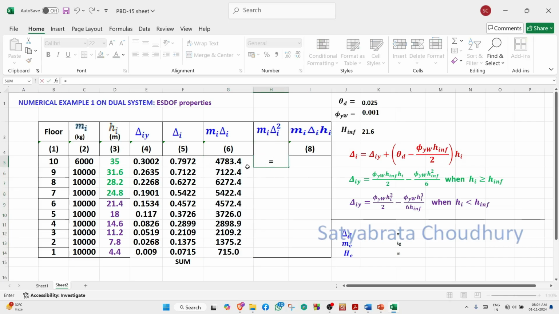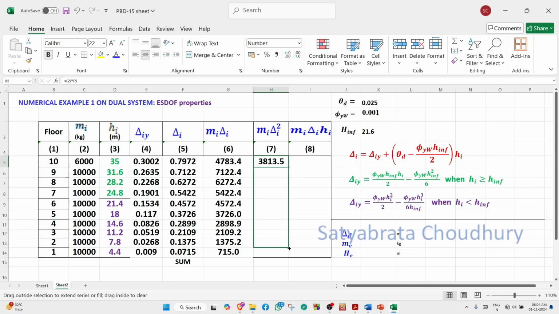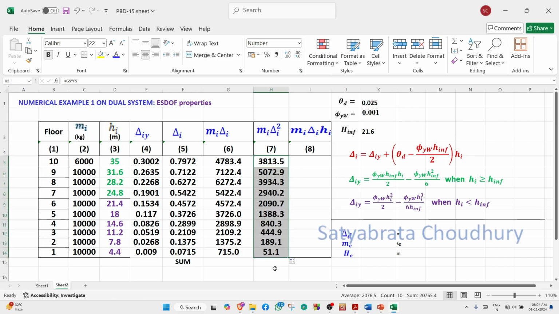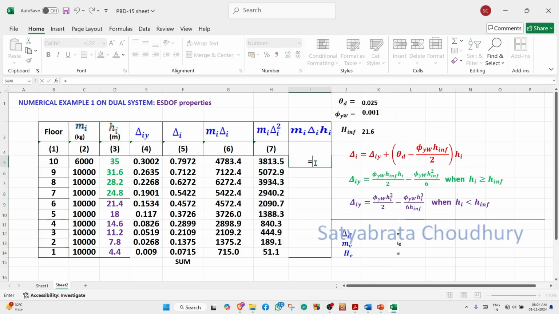So this is equal to this column multiplied by delta I. You need not take so many decimals. Yes, then mi delta I into hi. So equal to mi delta I is here, multiplied by hi is in this column. Then take the formula.